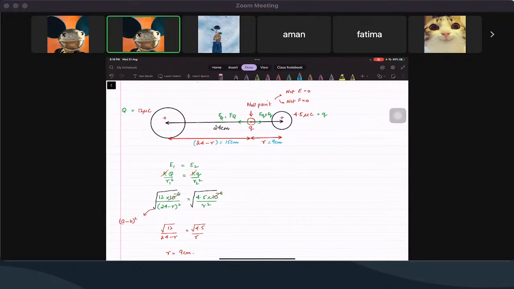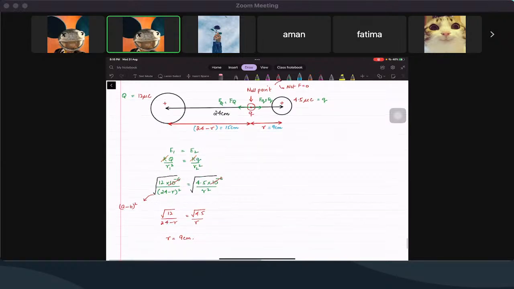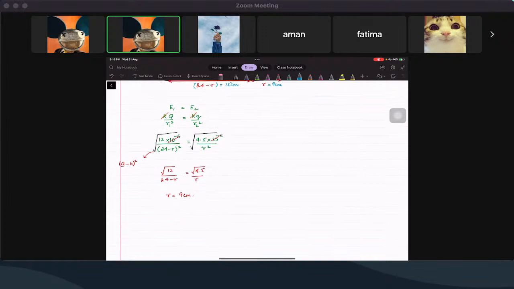Okay, so the next question is a better one, basically part B. In part B, it says that a 2 nanocoulomb charge is moved from midpoint to null point.